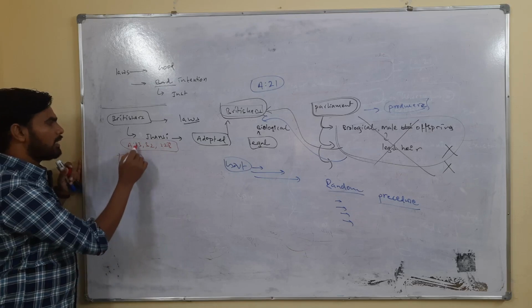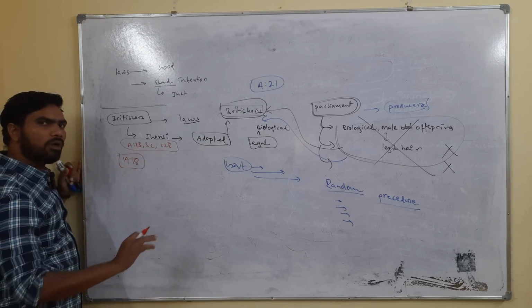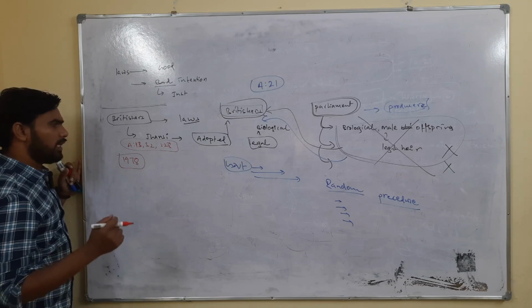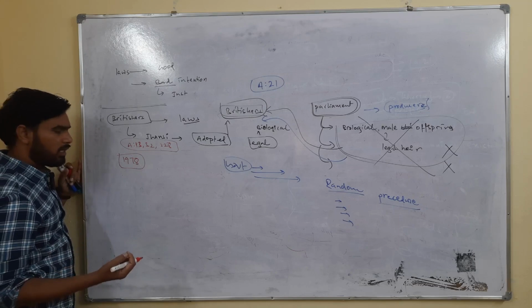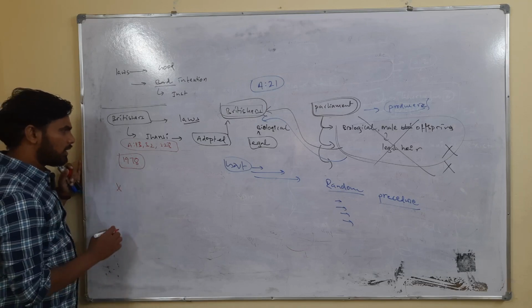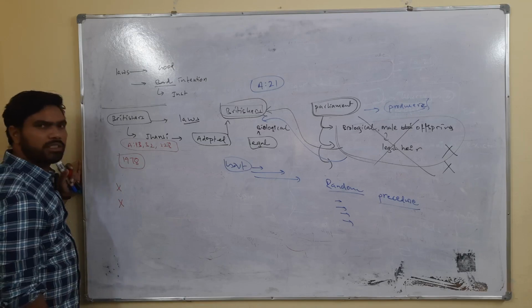Article 13 says, if any law, before the commencement of the Constitution or after the commencement of the Constitution, is against the Constitution or against the fundamental rights, the law will become null and void. Under Article 32, the Supreme Court can issue writs.